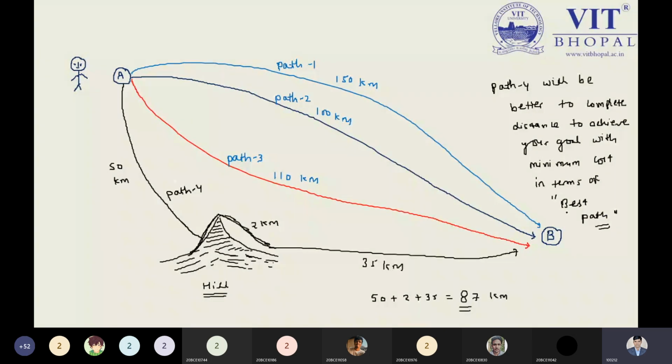This is known as the best path. And from this concept, we will see the hill climbing algorithm.